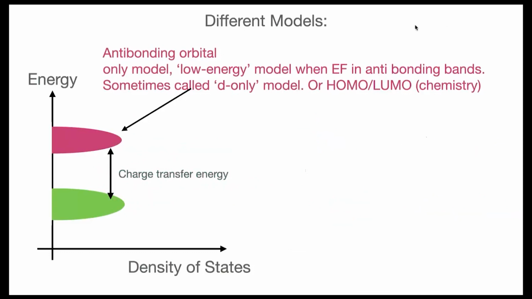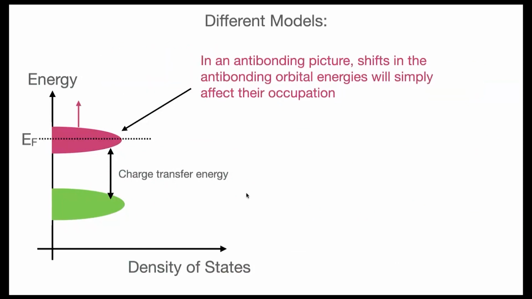So usually the terms people use when writing a DMFT paper will be something like antibonding orbital, low energy model, d-only model, or HOMO-LUMO model. This is more of a chemistry term. So this is one way to build a physical picture.